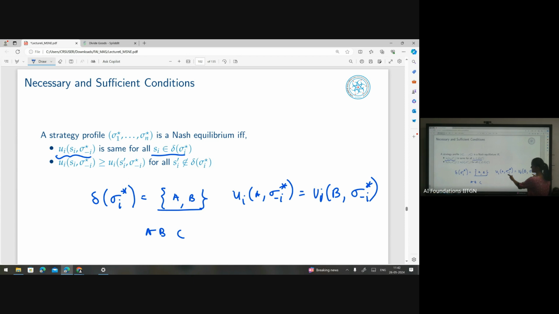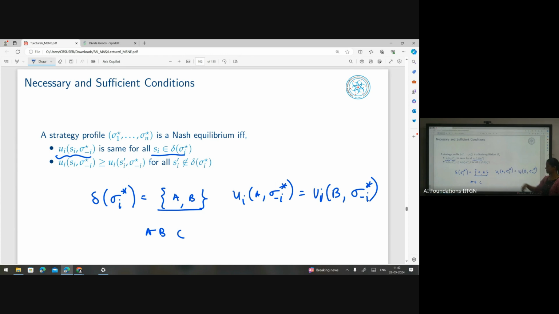Whenever sigma minus i star is fixed, there is some utility that I will get out of these, and they will ensure that my utilities are the same. That's when this will be an equilibrium profile, as long as it is in my support.